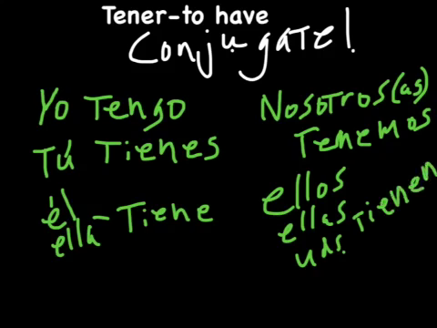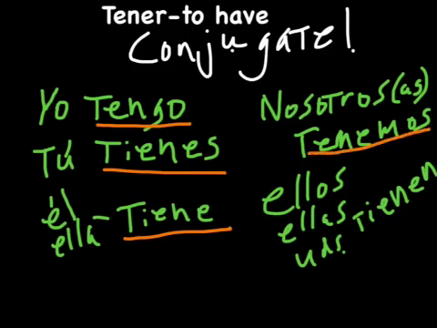All right? So the different forms are yo tengo, tú tienes, él, ella tiene, nosotros tenemos, and ellos, ellas, ustedes tienen.